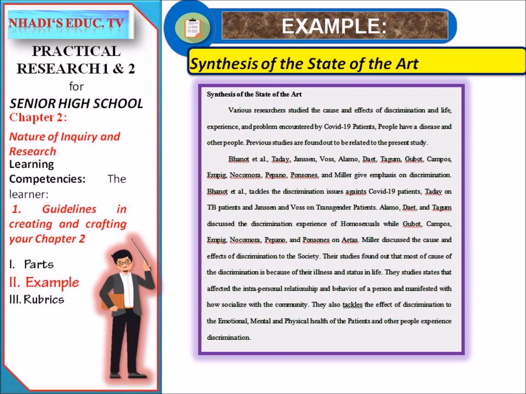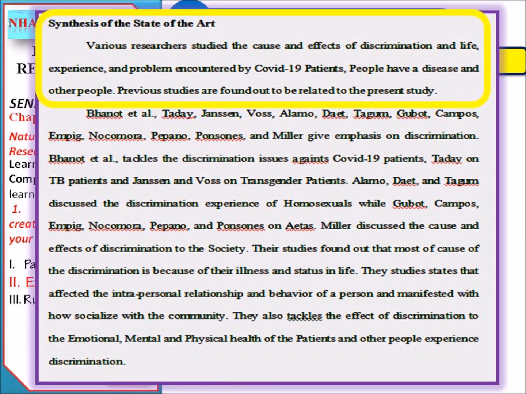Moving on to the next example for the synthesis of the state of the art. Synthesis of the state of the art. Here, in the general statement, the authors give the purpose by stating the relation of the various studies to their study.